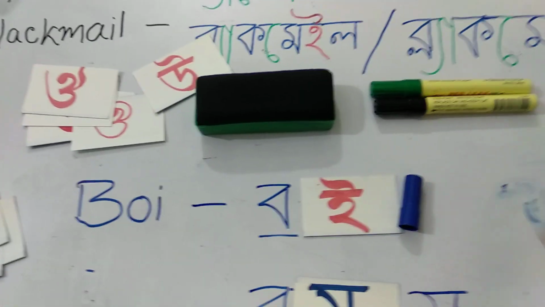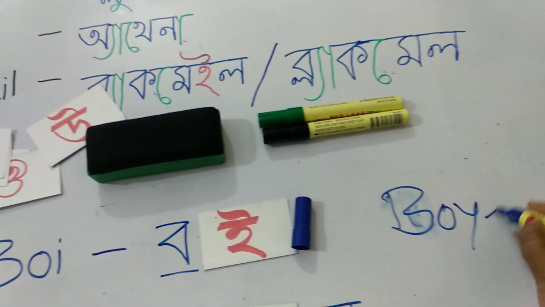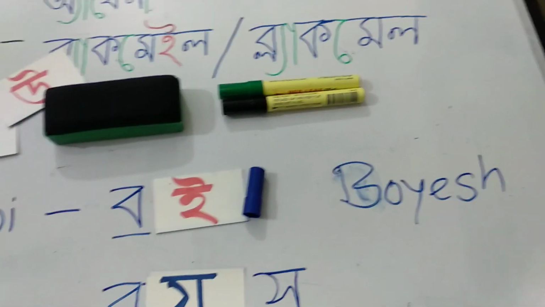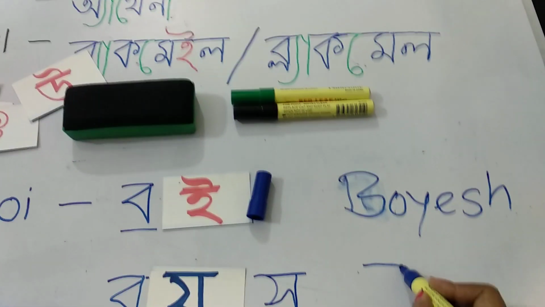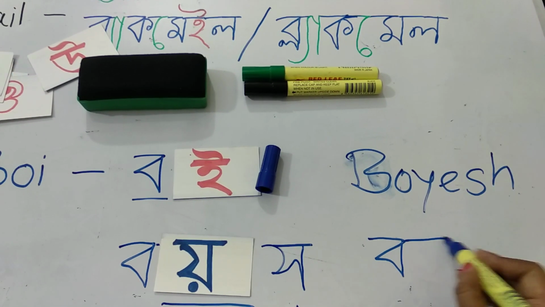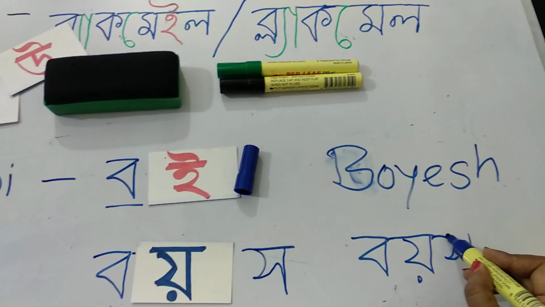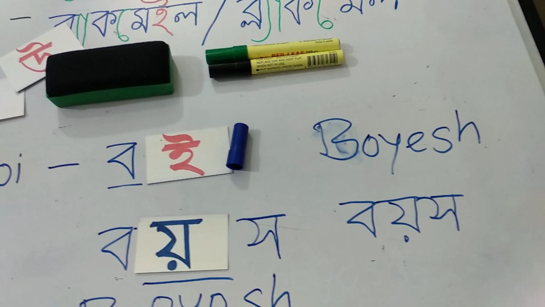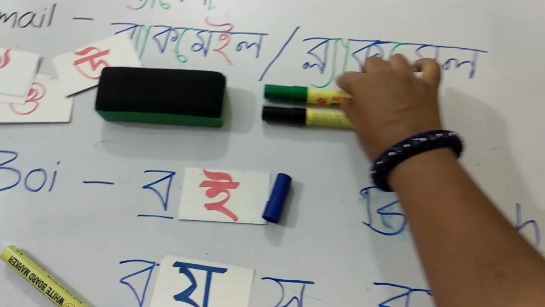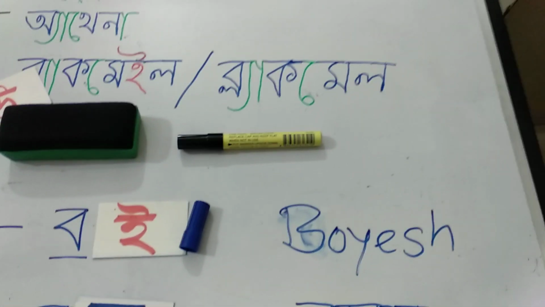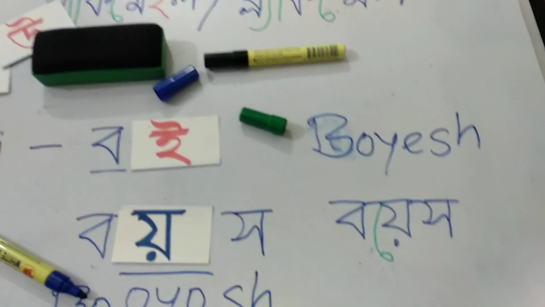Now, instead of boyosh, if I want to write boyish, how to do that? Boyish. Do you know how to do that? So we'll just write boy again, then this "o," then this, but instead of boyish, this will become boyish.